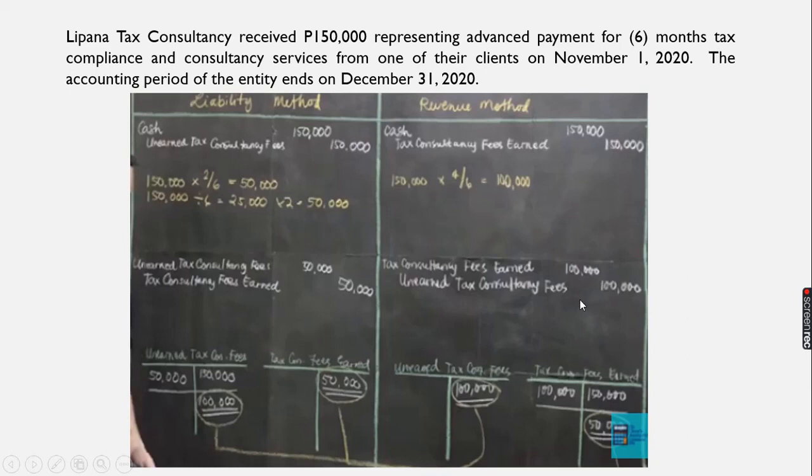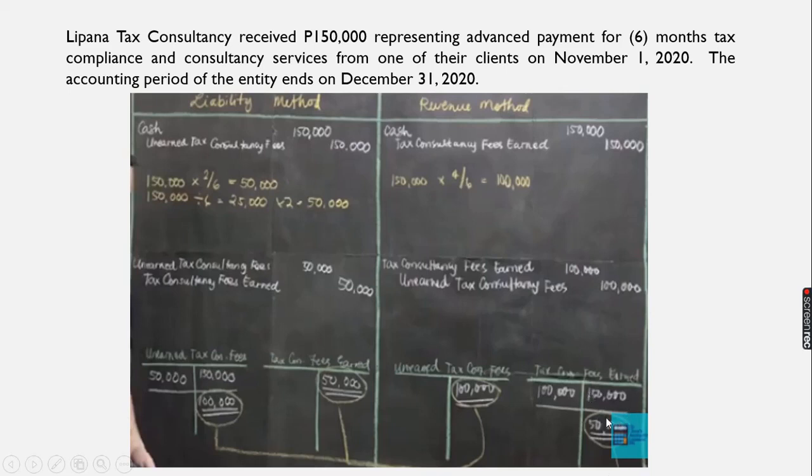Nakuha natin. Pag tax consultancy fees earned, ayan, naka-receive ka noong November 1, 2020, under credit, ayan, 150,000 ilagay natin, and then, yung tax consultancy fees earned na under debit, na 100,000. So, ilas mo ngayon yan. So, yung balance ng tax consultancy fees earned mo, yung na-earned mo within that 2 months is 50,000.